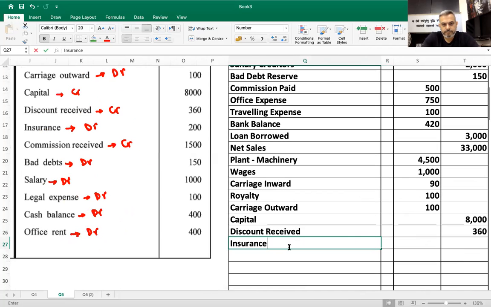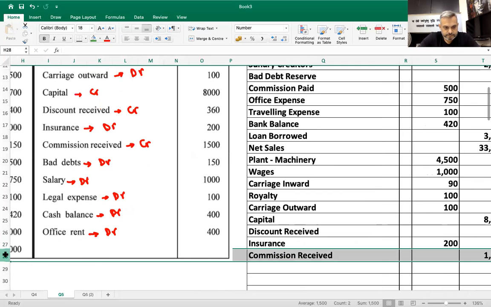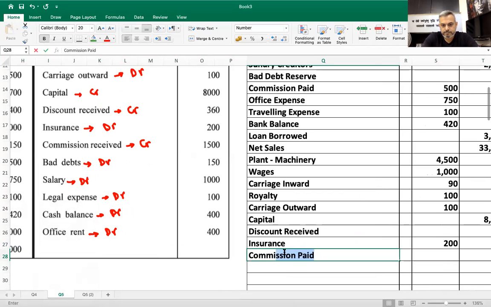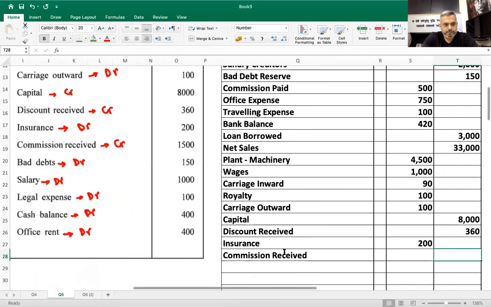Insurance 200, expense. Commission received is 1500, it's our income. Commission received 1500, income.